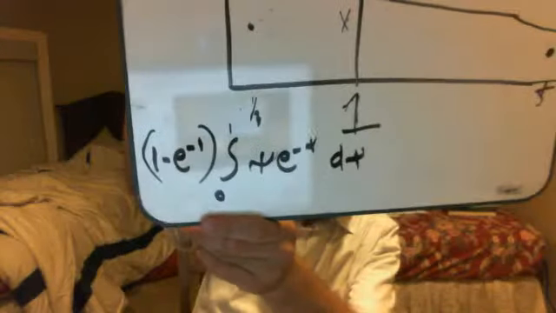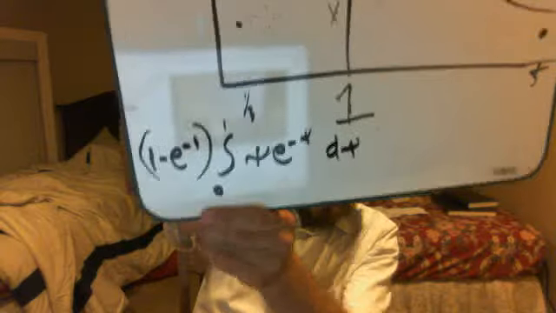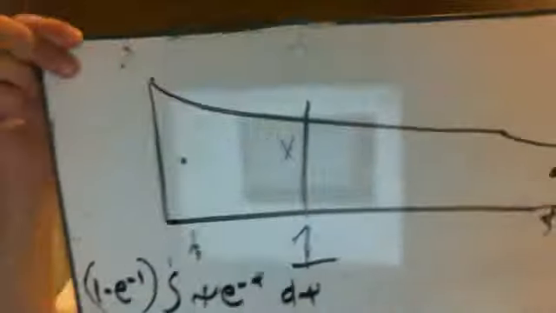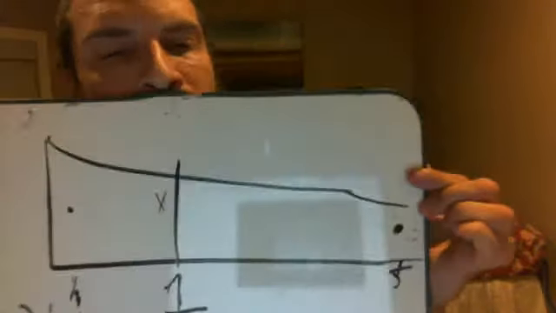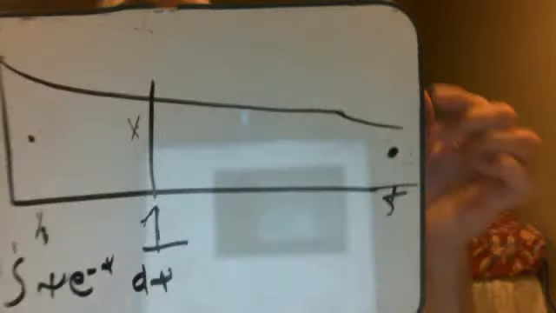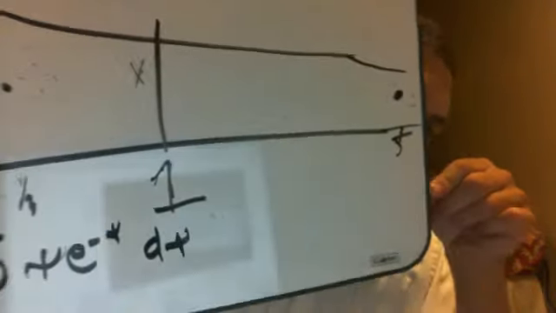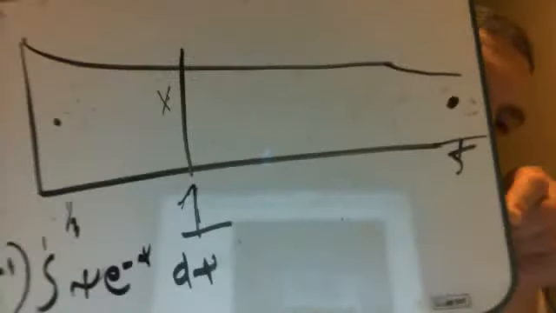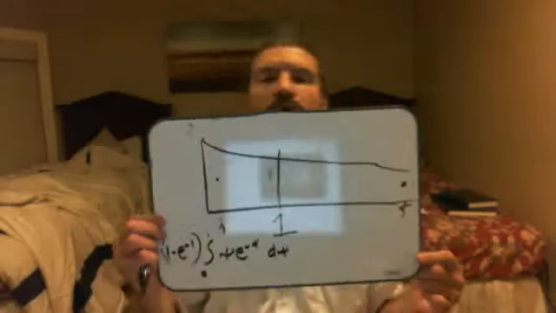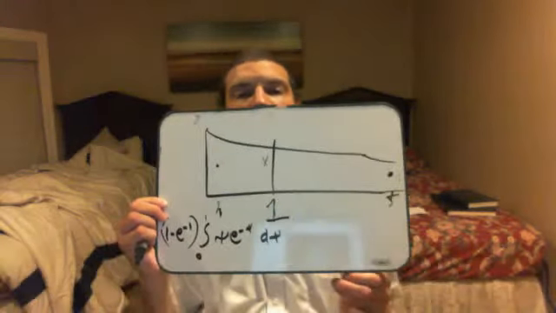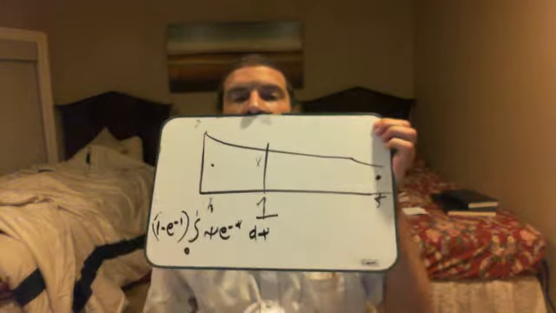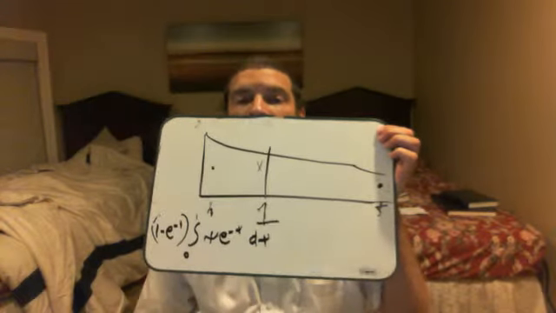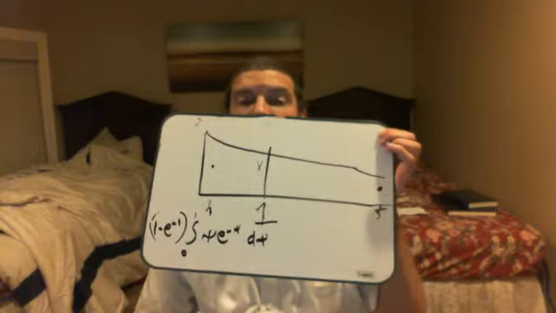Okay, 1 minus e negative 1, that is the probability that it should be on the side that's less than 1.